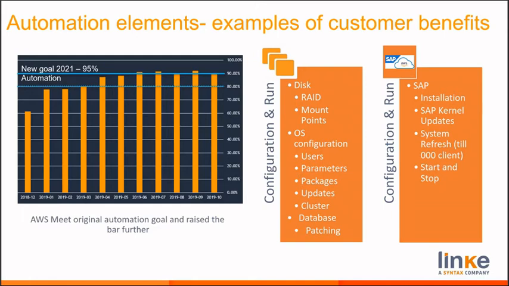As our automation has been moved and tested during the last years, all these actions, installation, kernel updates, system refresh, and start and stop, are something we have as part of our deliverables and our services.